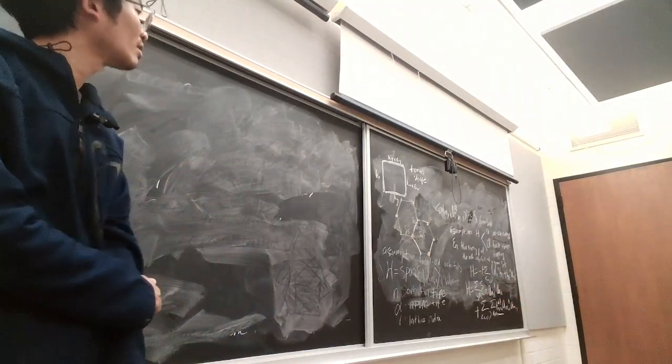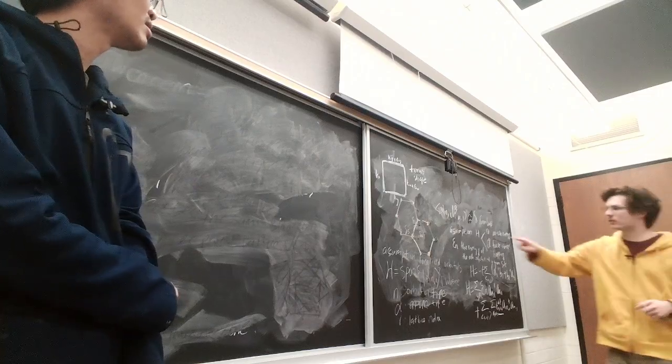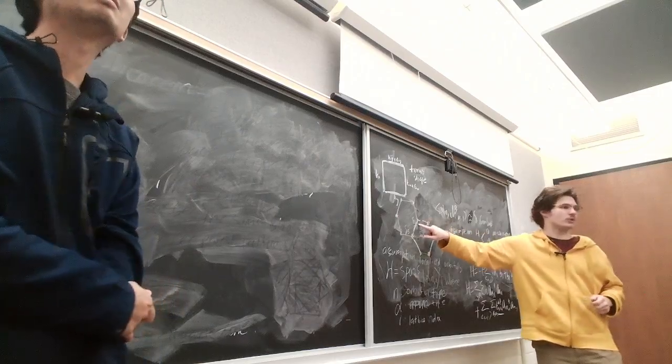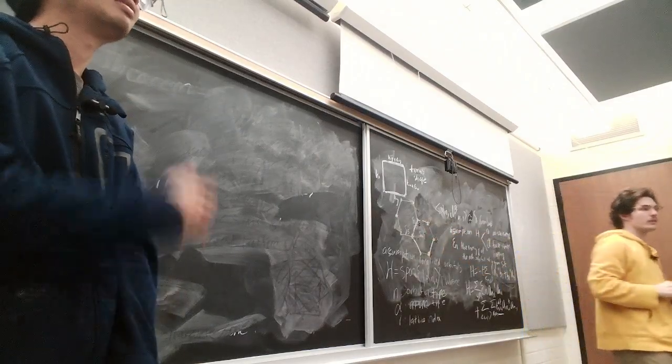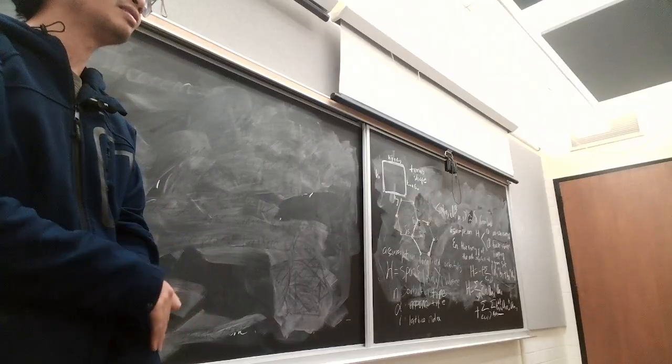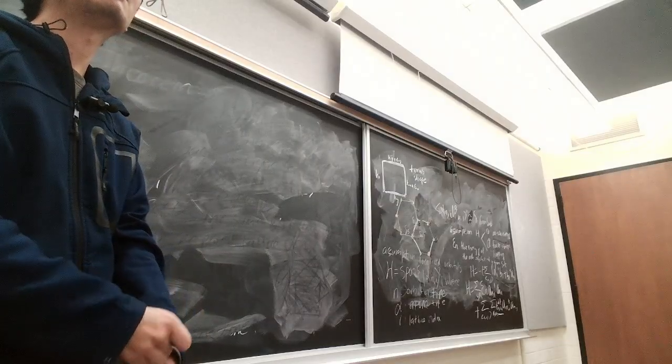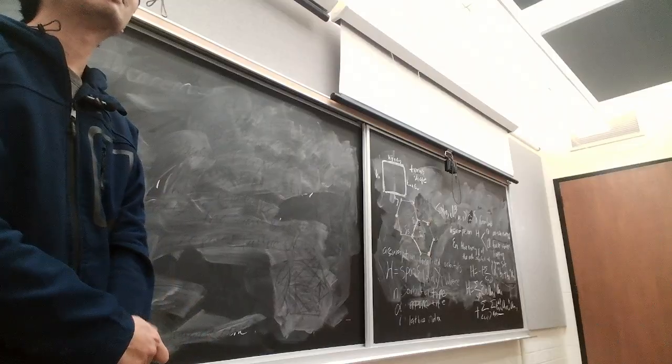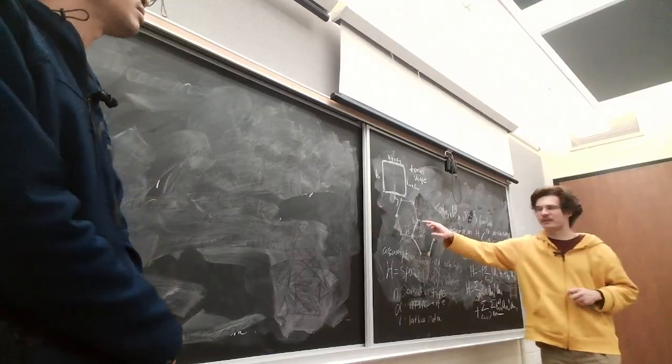Yes? What's the role of T again? T is the energy cost to hop from here to here, or from here to here. Is it a fraction? Of what? It's a number. It is an energy cost to go from here to here.